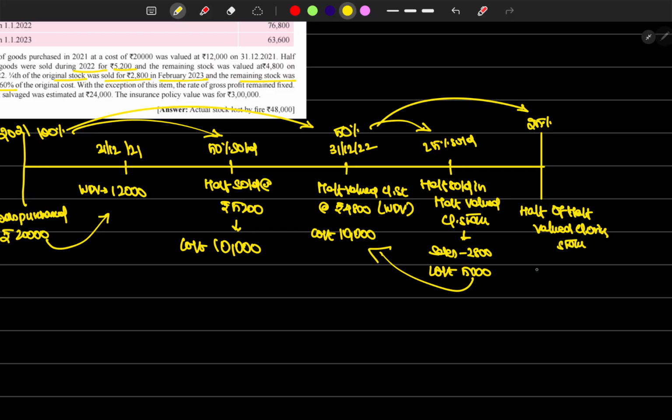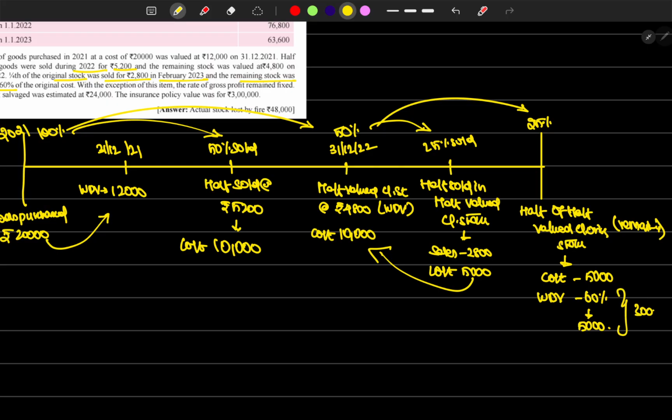So 5,000, and 5,000 is kept under remaining stock. Cost is 5,000, but the WDV is 60%, then 3,000.